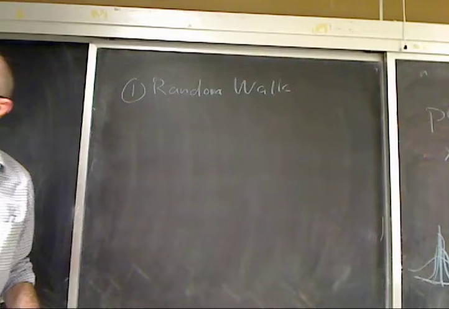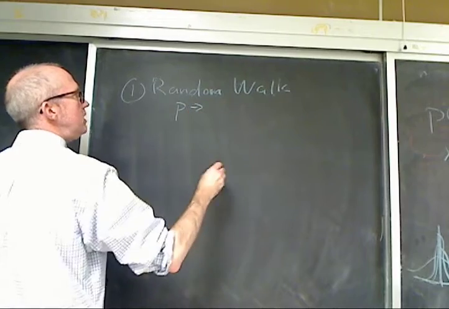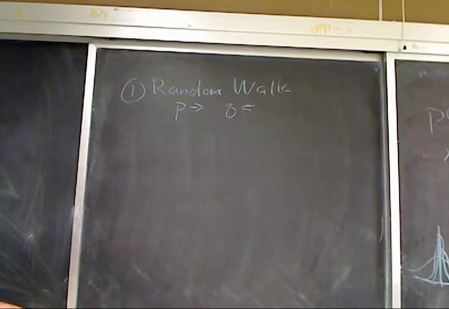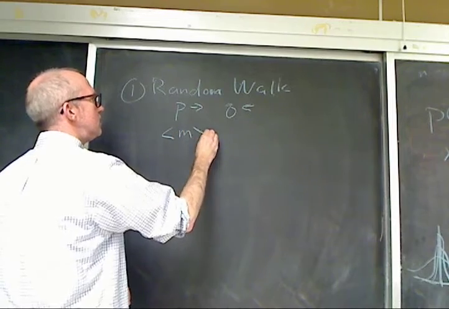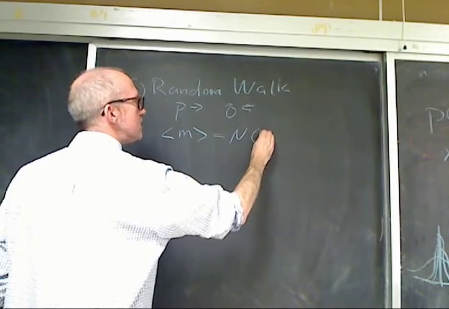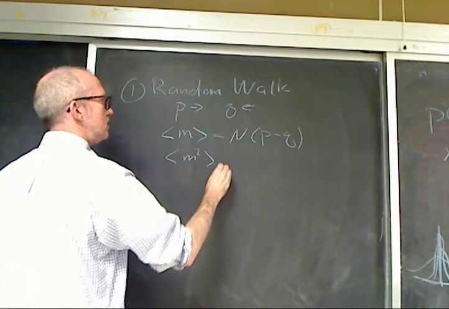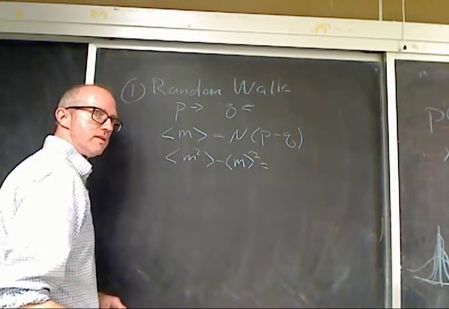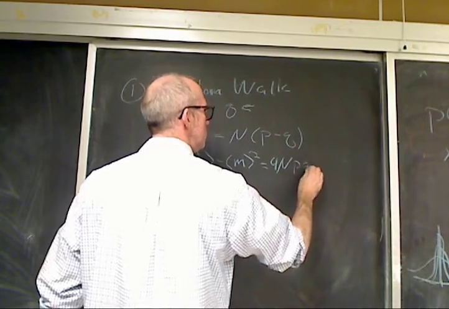So if I have a random walk where I have some probability P of going to the right and Q of going to the left, then the average distance that you've gone is going to be the number of steps times P minus Q. The RMS displacement is going to be 4 times n PQ.